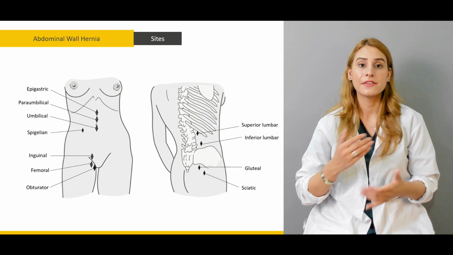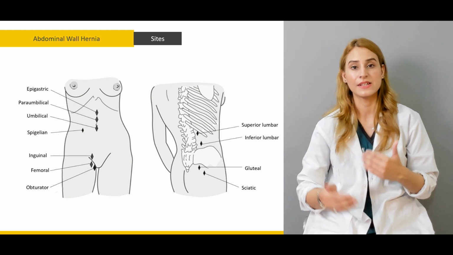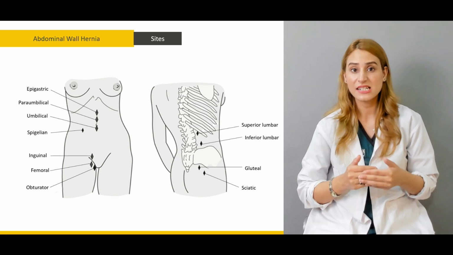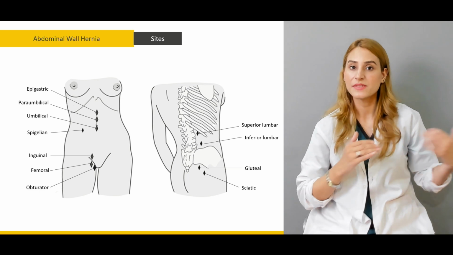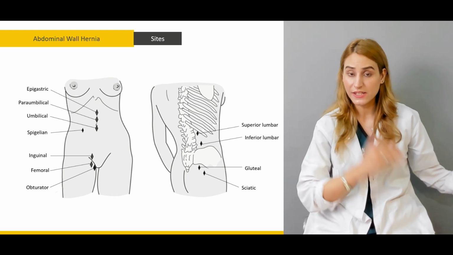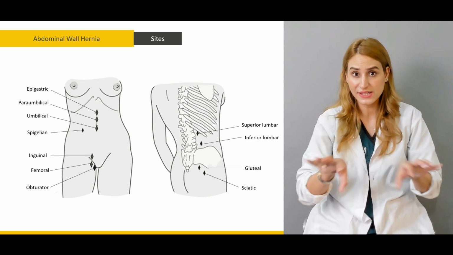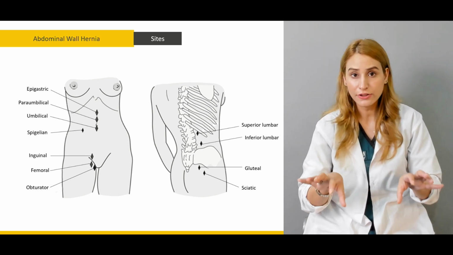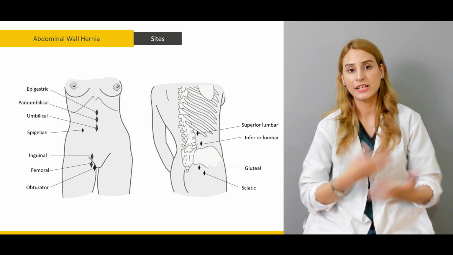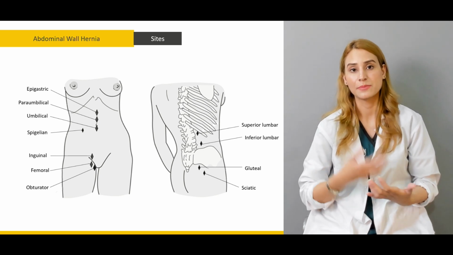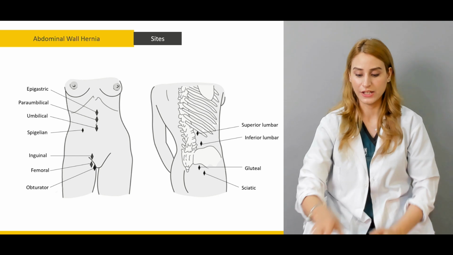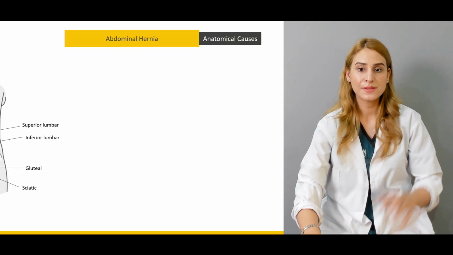That means the wound is healed, there's fibrosis, there's tension, but the wound strength is reduced to 70% instead of 100%. That 30% deficit, or defect, stimulates the formation of the hernia. So this was about the sites.